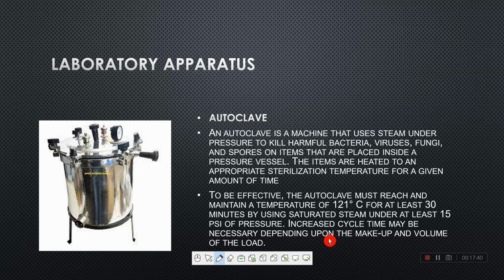It generally works at a temperature of 121 degrees Celsius for at least 30 minutes, using saturated steam at at least 15 psi of pressure. For different items, different temperatures and times are used. It is used for steam or moist heat sterilization.